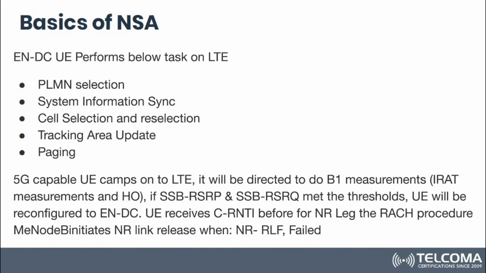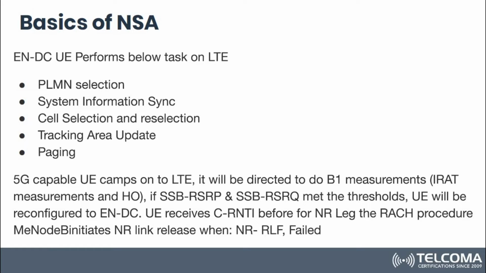need a larger bandwidth. So a 5G capable UE will camp on LTE, and it will be directed to B1 measurement, which is basically for IRAT measurement and HO. That B1 measurement will be done for the NR leg, which will be set up once the SSB RSRP and SSB RSRQ meet those thresholds.